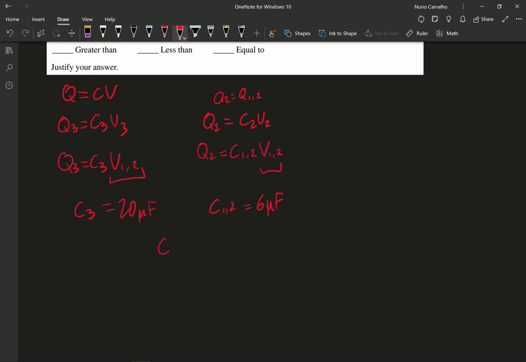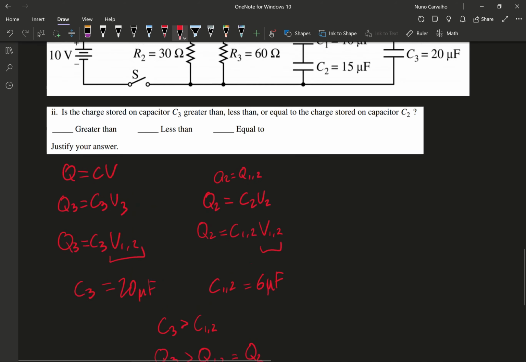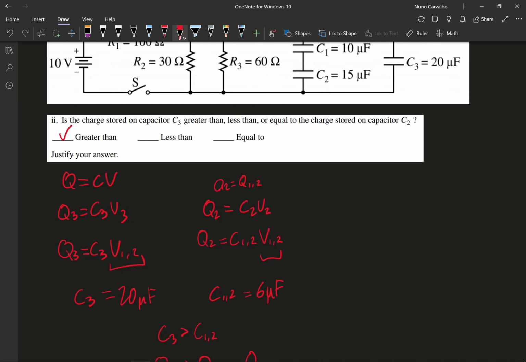So since C3 is greater than C1,2, we can also safely say then that Q3 must be greater than Q1,2, which is to say Q2. And so we'd put here greater than, and for my justification, I would basically explain this calculation that I just did, but in words instead.